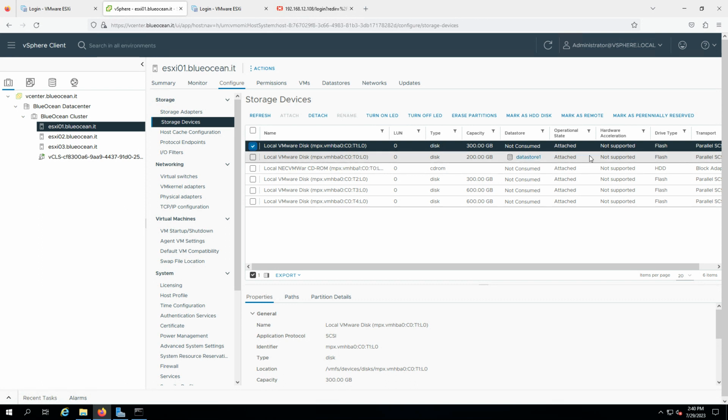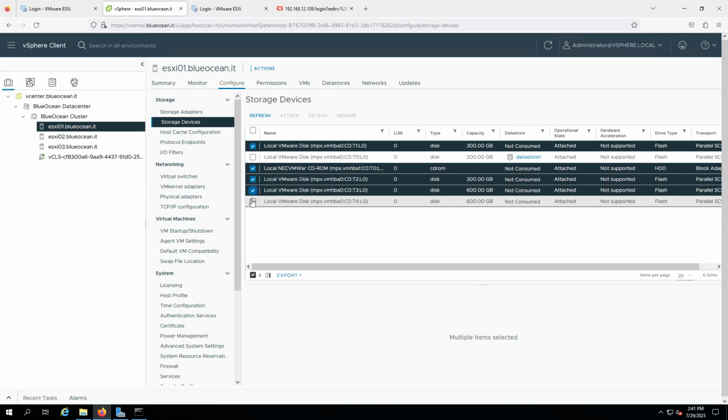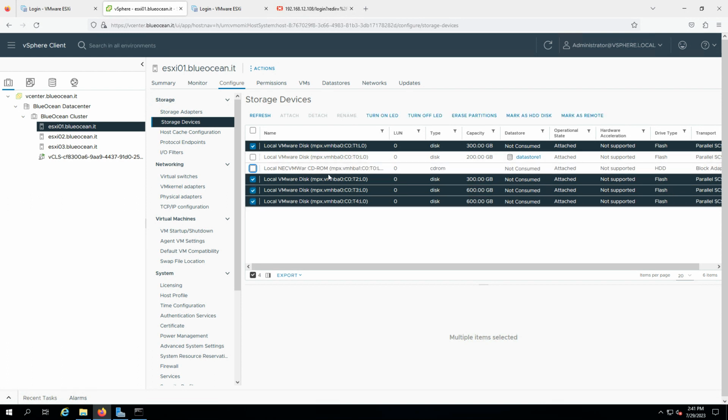To locate the disk, I can go here and turn it on, so it will blink in the server, so I can see the disk if I want to replace it. It is a flash disk, that means it is an SSD disk. So you see, all my disks are SSD, they are flash disks. This is the CD-ROM. No, HDD.